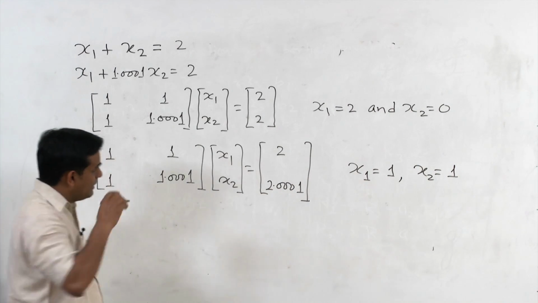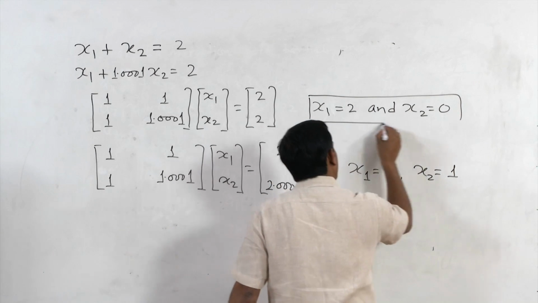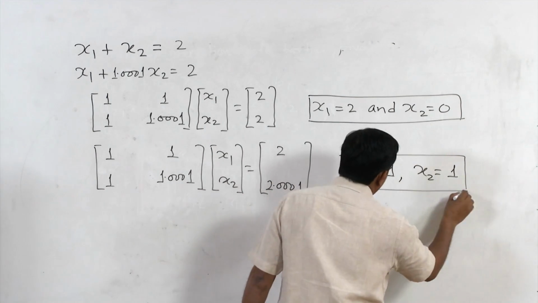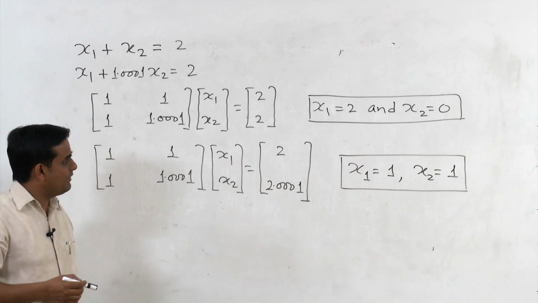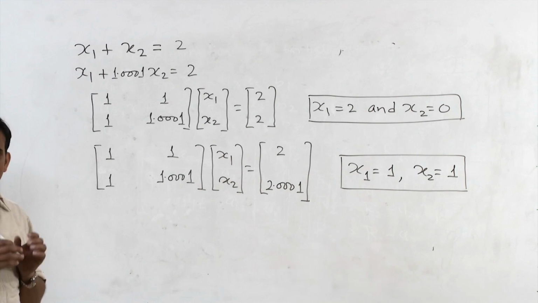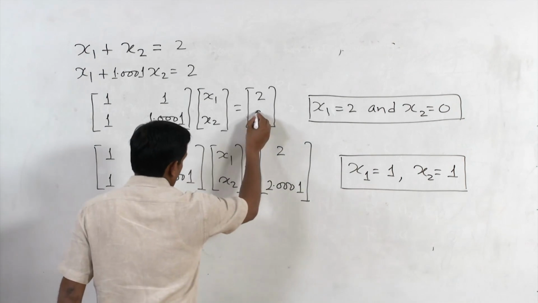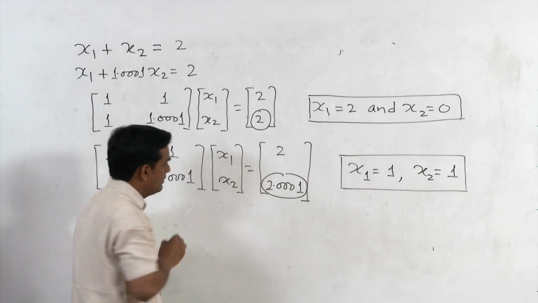Now, look at these two solutions and the two systems. In input data, I am having a very little change, a change of the order 10 raised to power minus 4. Here it was 2, it is 2.0001.